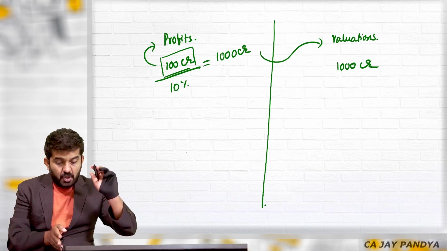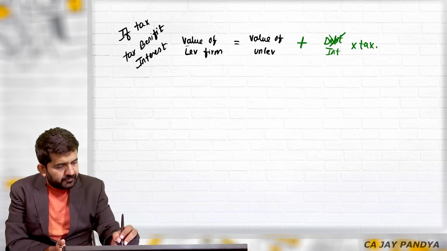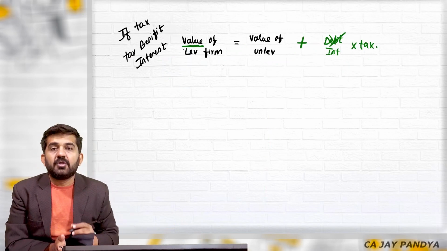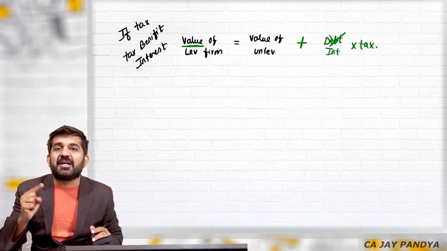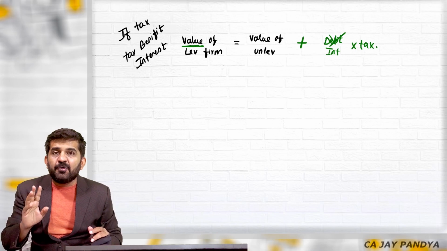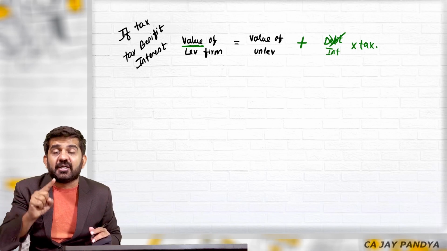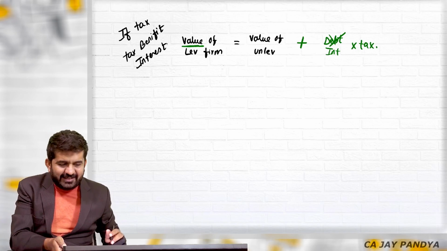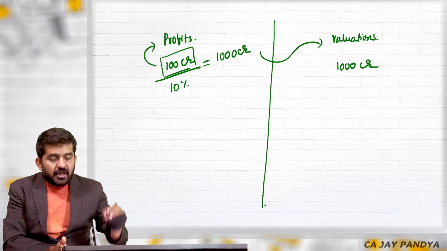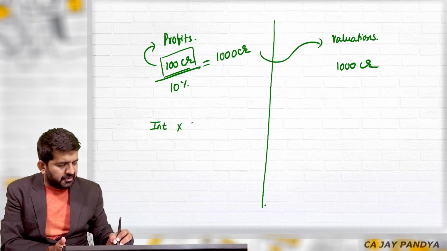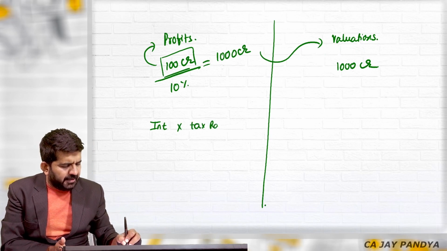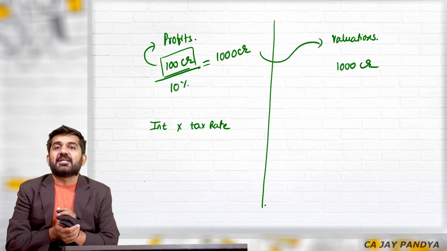All right, what are we doing? Valuation. We cannot take income or expenditure over here. If you say tax benefit is my income, you cannot directly take tax benefit over here. How to find out the tax benefit? You are absolutely right: interest multiplied by tax rate is the tax benefit.